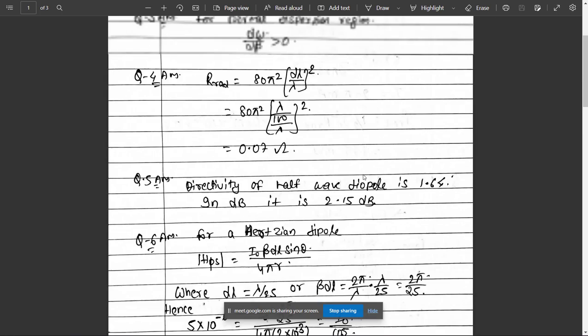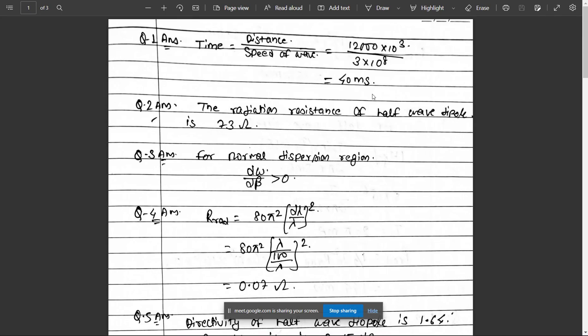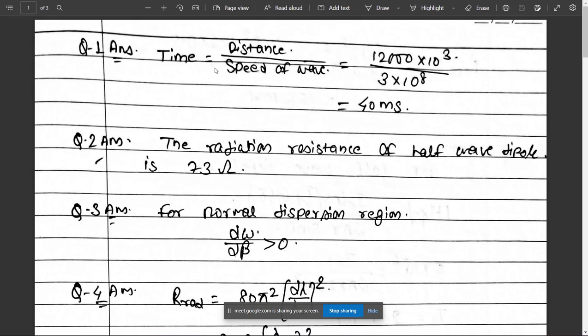So let's see how to solve this question. We know the distance, which is 12,000 kilometers, and we know the speed of the wave, which is 3 into 10 to the power 8 meter per second. So time will be distance upon speed, and we will solve it and we get 40 milliseconds.